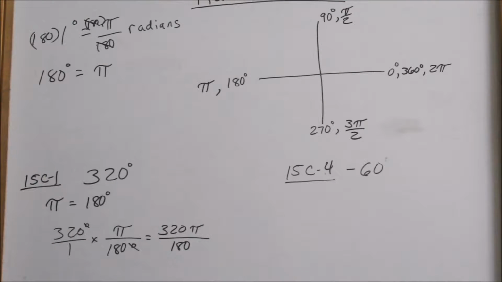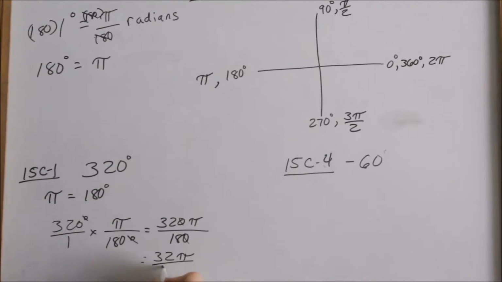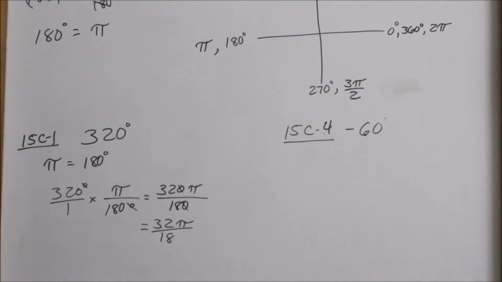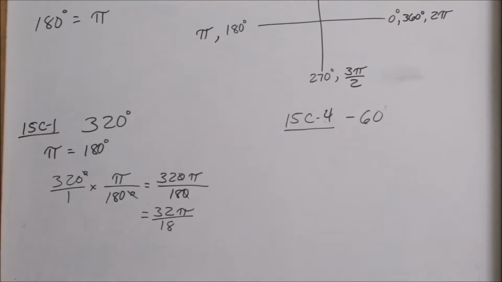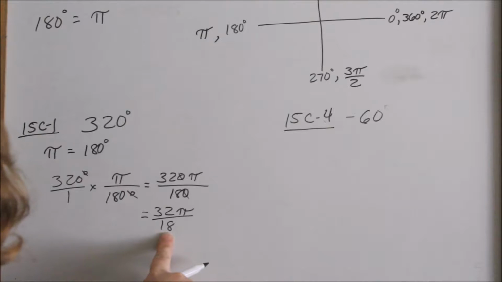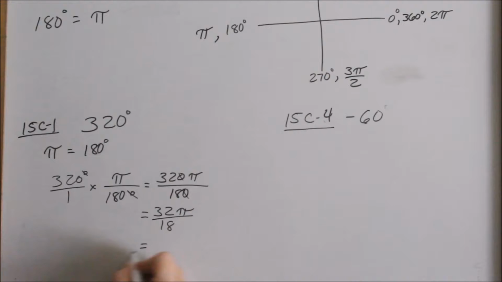Now this just becomes a fraction to reduce. Both of these can be reduced by 10, which makes those zeros go away. So that would be 32 pi over 18. We can still reduce more. Can reduce by 2. Reducing 32 by 2 gives 16, and reducing 18 by 2 gives 9, and that doesn't reduce anymore.